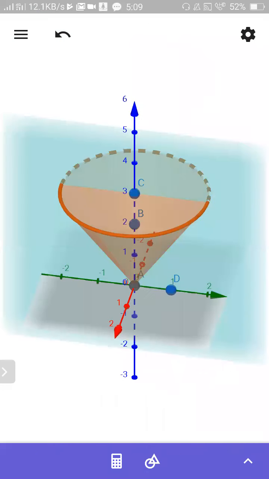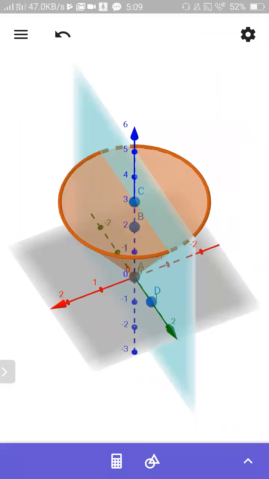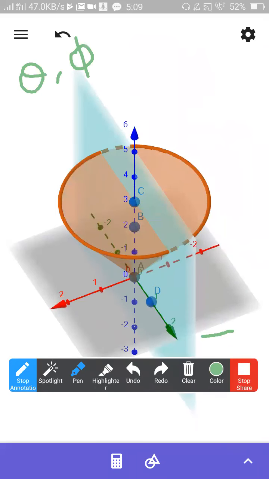So now I have taken phi equal to 90 degree plane. But please note down, here we will get one more plane. Please don't concentrate on that, because if you choose phi equal to 90 degree, you will also get another plane at 270 degree. In this app, we cannot create a semi-infinite plane. It will give you the complete infinite plane. But your concentration has to be here. This is your phi equal to 90 degree plane.